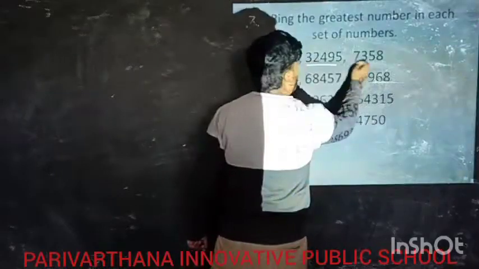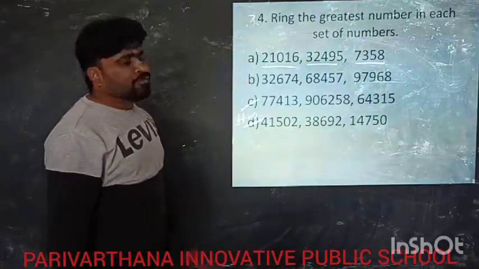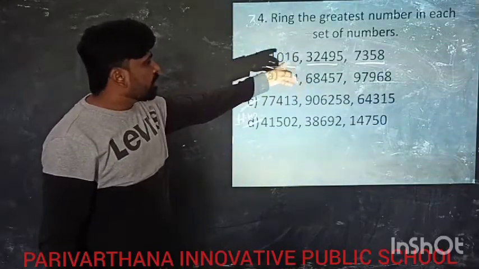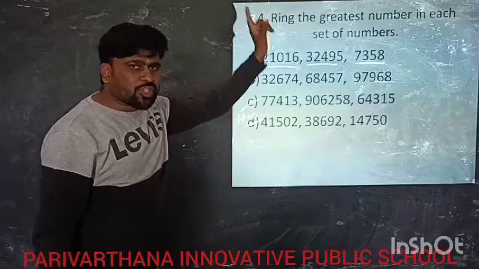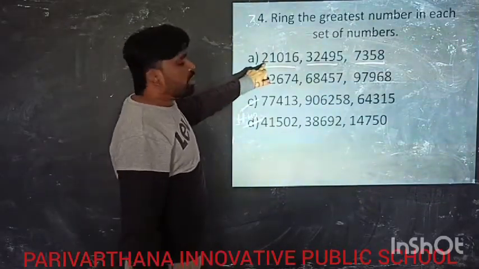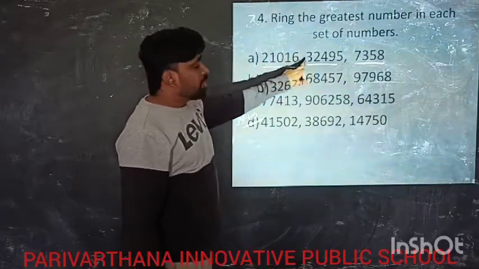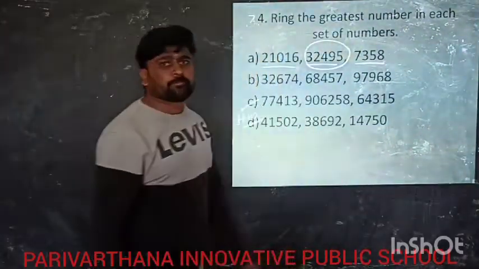Okay na? First one. Count the number of digits: 5, 5, 4. Okay, this is the small number, because 4 is there. Comparing these 3 numbers, 7,358 will be the small number. But we have to identify the big number. In the 10,000 place, it is 2. In the 10,000 place, it is 3. Therefore, it is the big number. Very simple. Okay na?